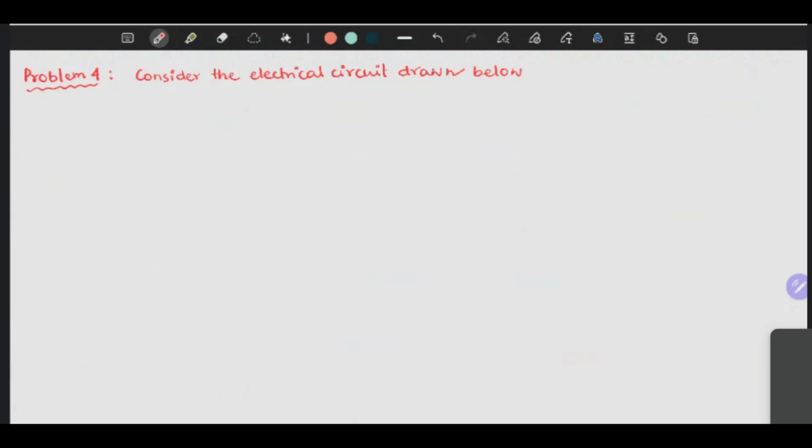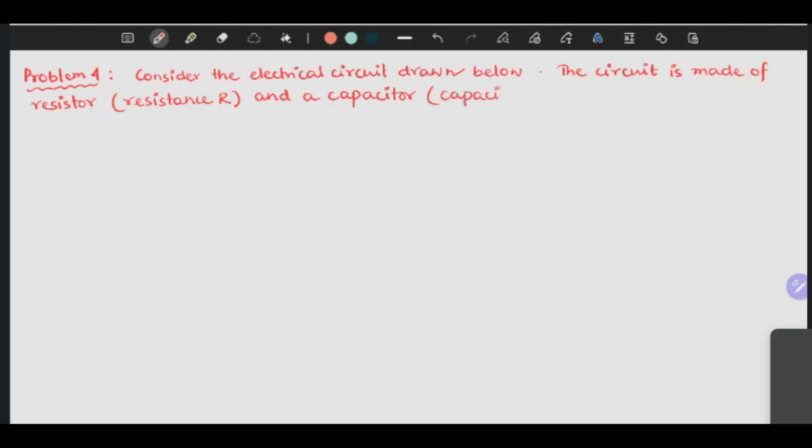The circuit is made of a resistor of resistance R and a capacitance C.